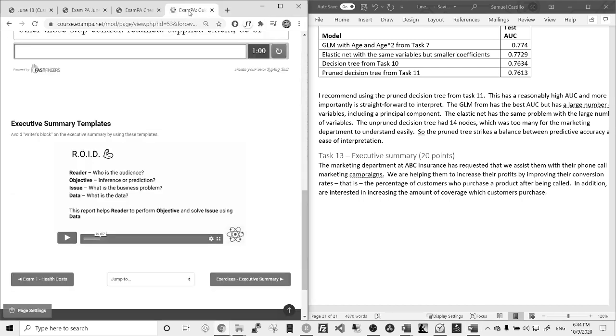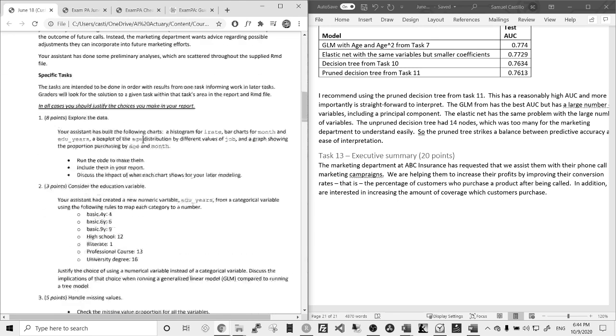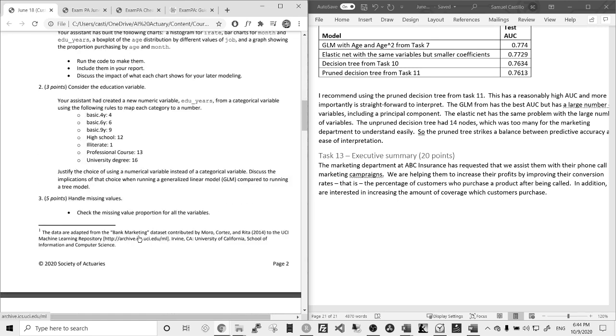purchase. And then data is, so your task is to use available data, and there's a footnote. So this is the bank marketing data set from 2014. Using predictive analytics and data from 2014, which contains phone call info. This report seeks to help, let me say this again.